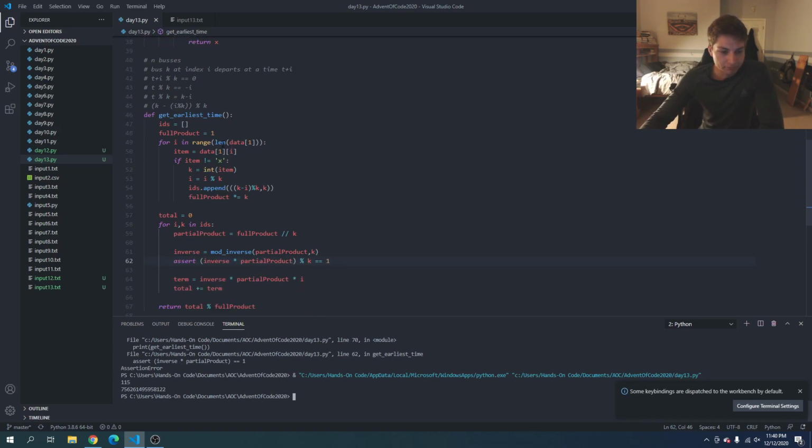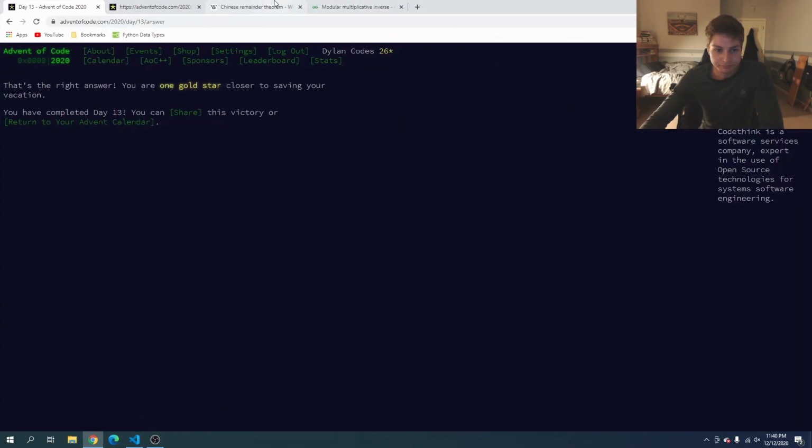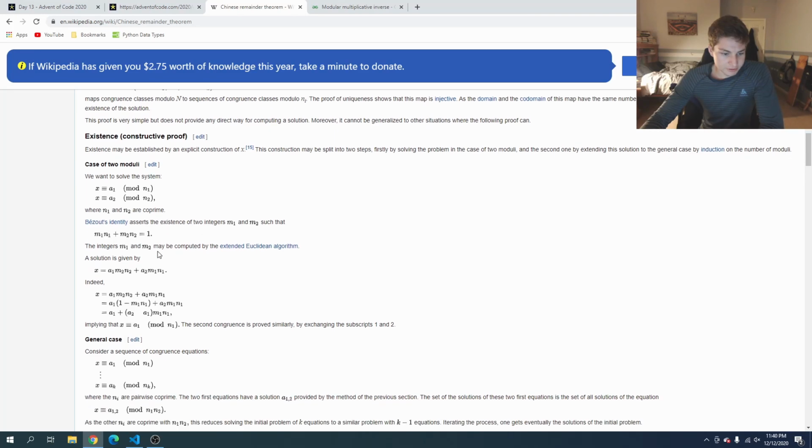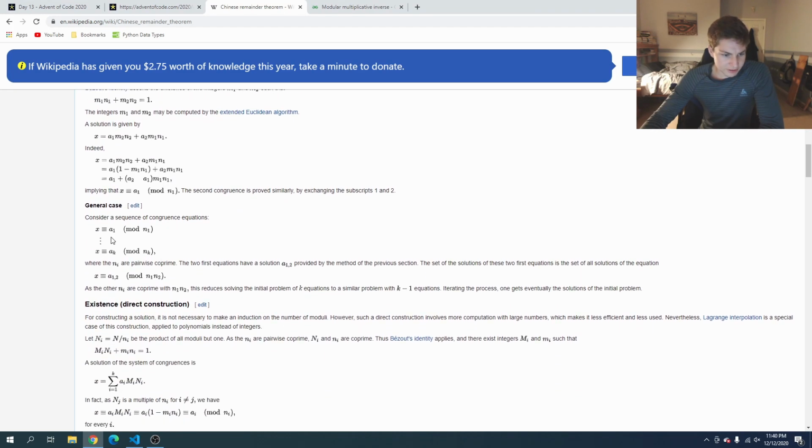So to recap, we have a type of problem here, the Chinese Remainder Theorem, where we have some x's, which is a time that we're leaving, and sub i, an index of the ID in the list, mod the ID.